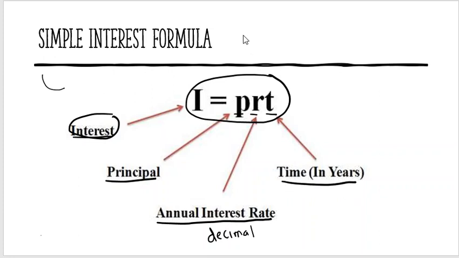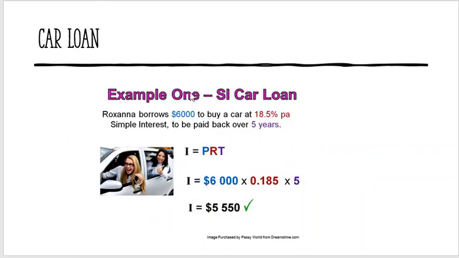Okay, so let me go ahead and show you a couple of examples of how we use this formula to calculate simple interest. Okay, so here's an example for a car loan. It says, Roxana borrows $6,000 to buy a car at 18.5% simple interest to be paid back over 5 years.